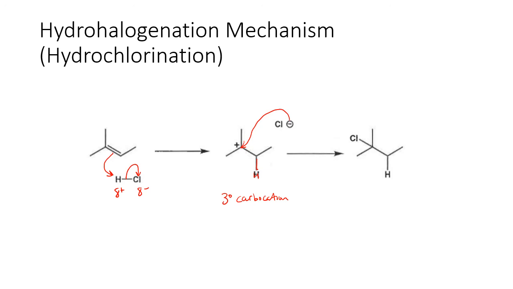And we formed a new bond between our carbon and our chlorine. So in this case, we have our alkyl halide, which is always going to be our product when we undergo our hydrohalogenation reaction. So in this example, we formed a tertiary alkyl halide because we went through a tertiary carbocation intermediate.